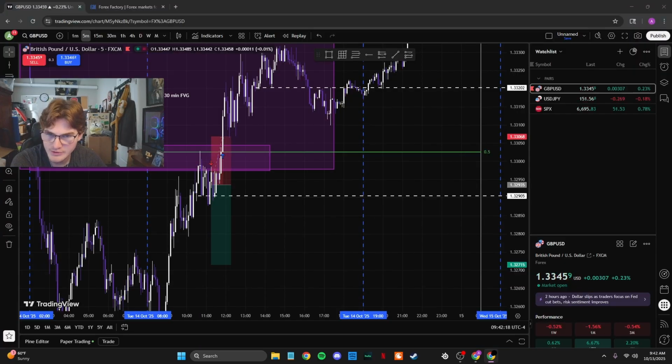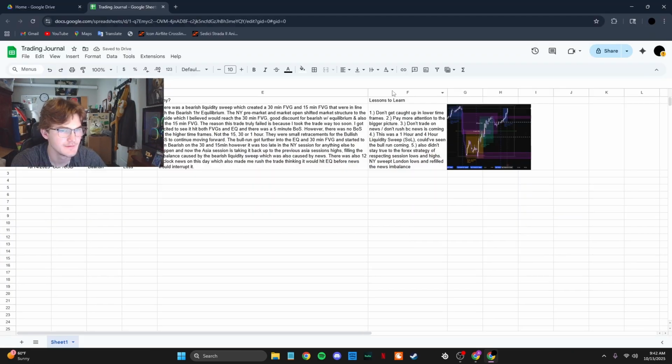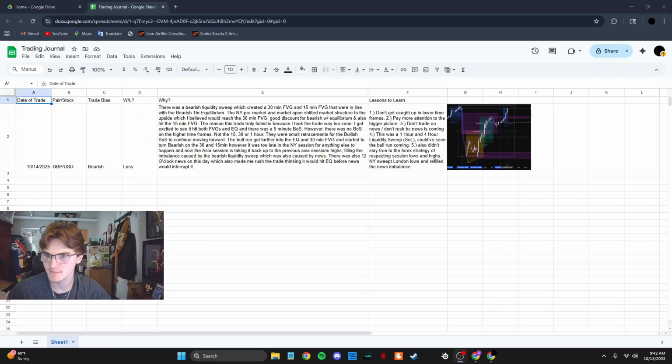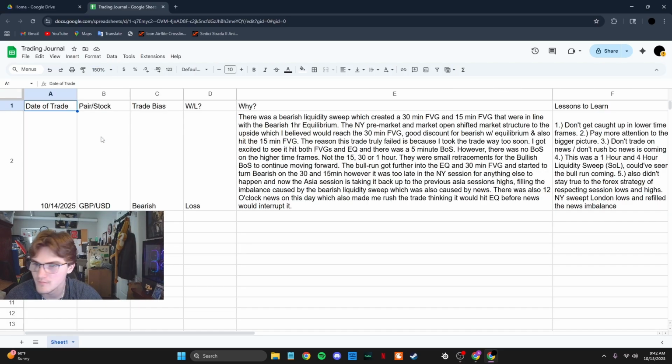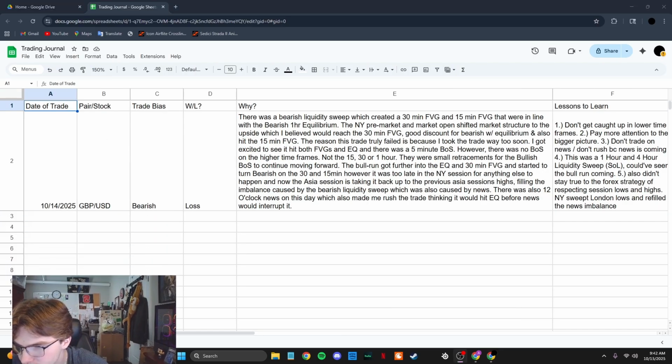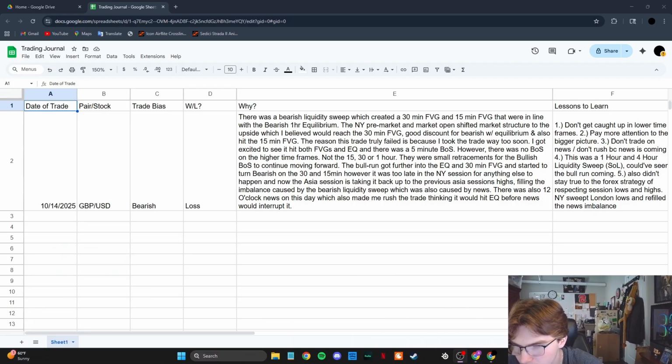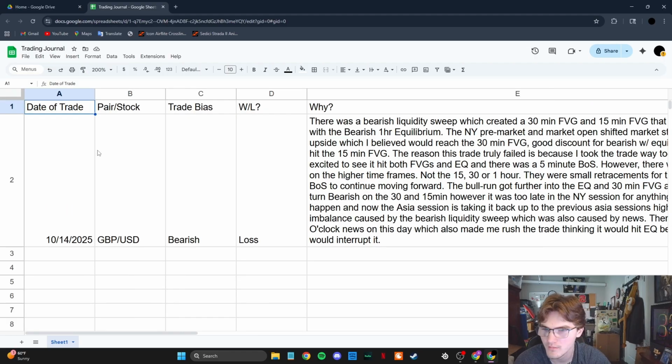I journaled this trade out. I made a trading journal. So here's what the trading journal says. Let me move this. Can you even read that? Why does it look so bad?